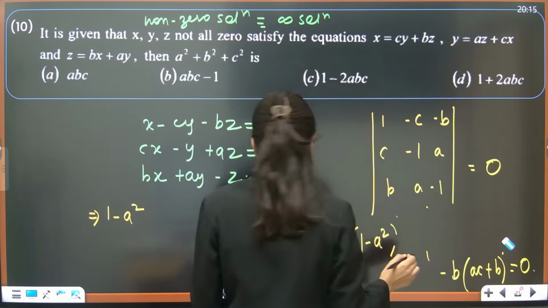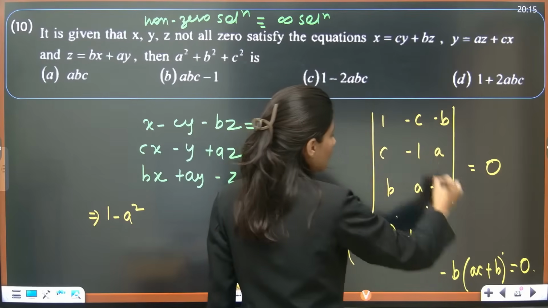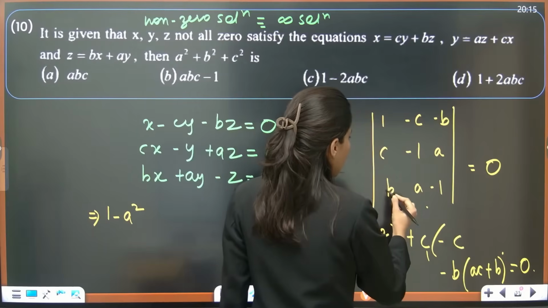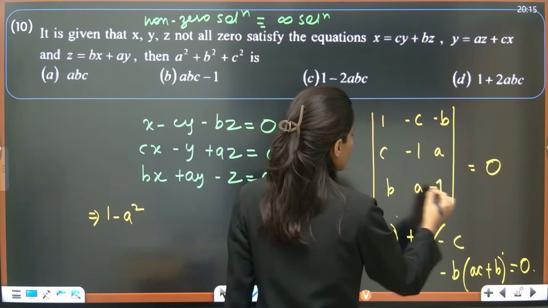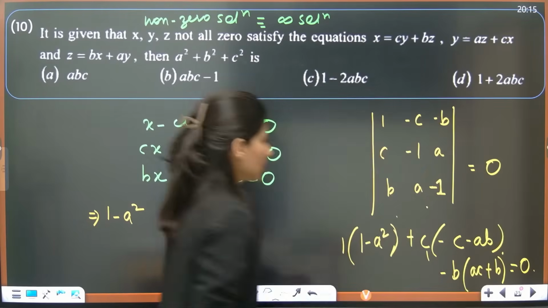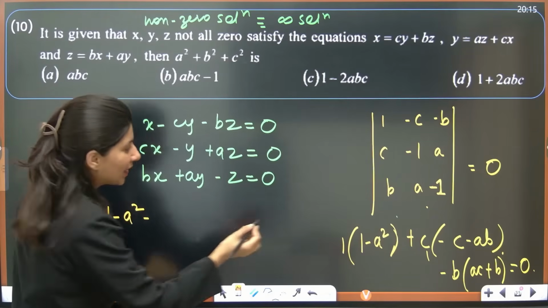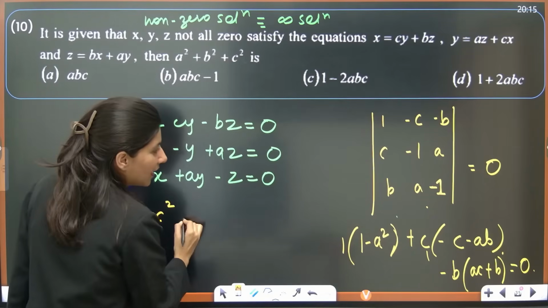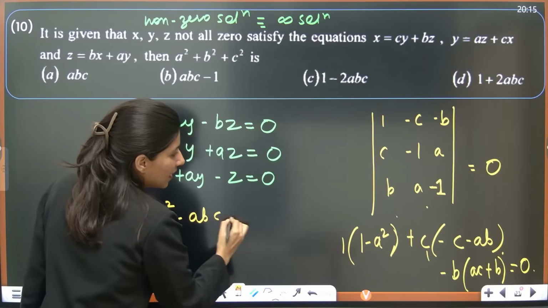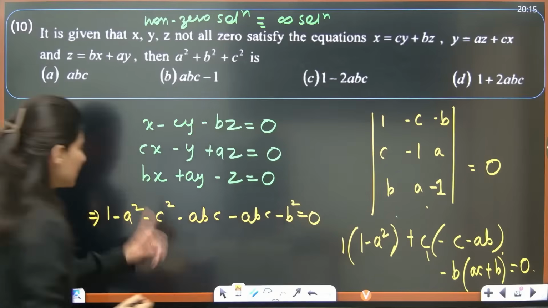Let me just do it one more time. C plus c is happening, and this is minus c, so this is minus 1 actually. Yes, minus c minus ab. Now it's correct. I got confused by my own handwriting, by the way. So minus c square, then minus abc, minus abc, minus b square equals 0. This is what you're getting.